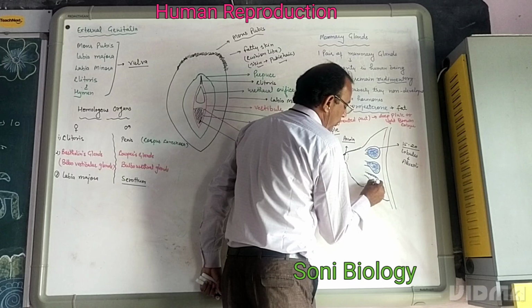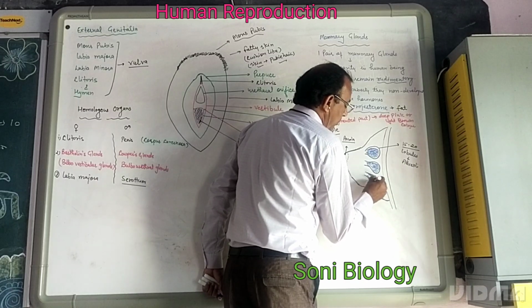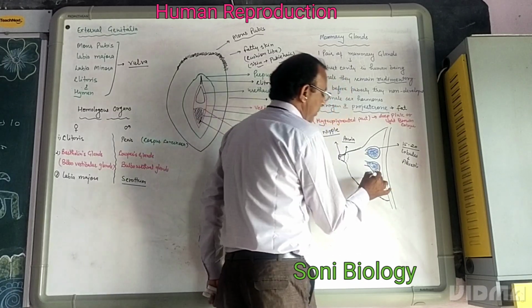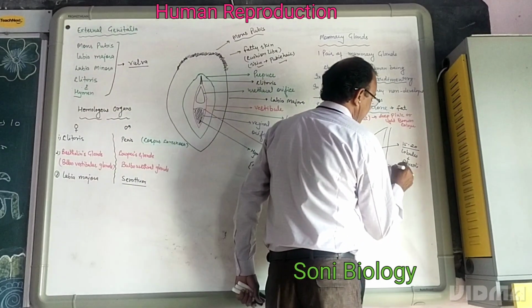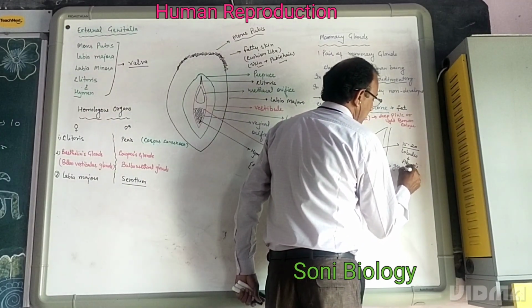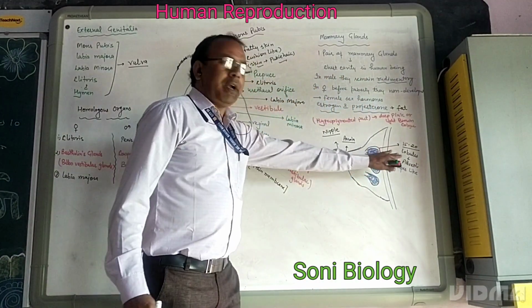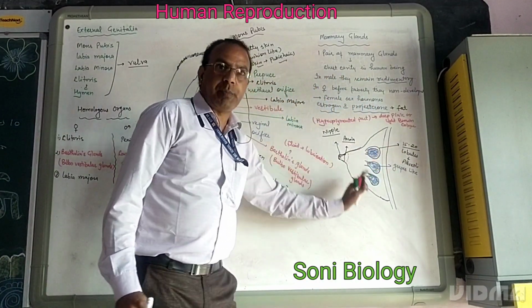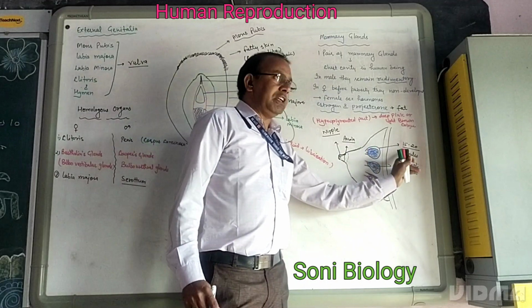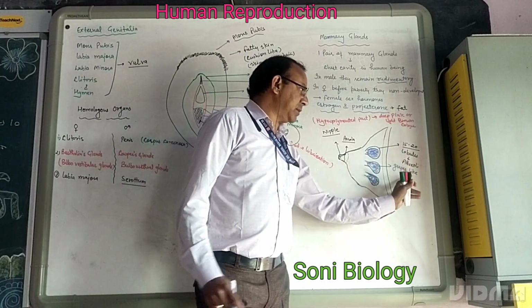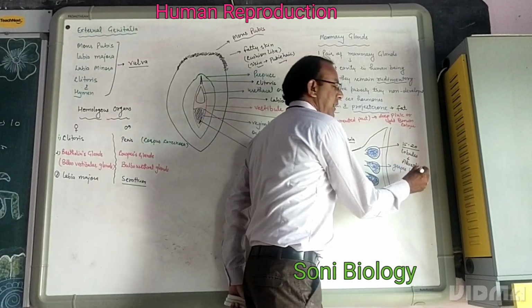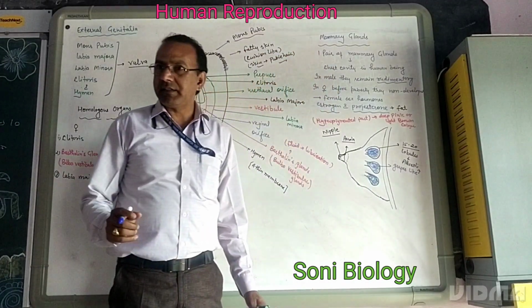So 15 to 20 lobules are present in each breast, and each lobule consists of grape-like structures called alveoli, where the production of milk takes place.